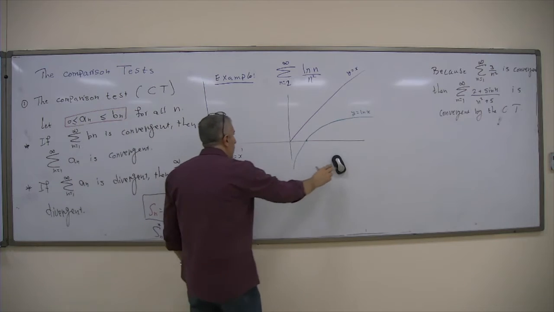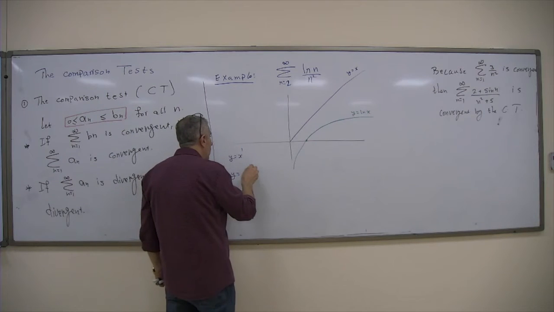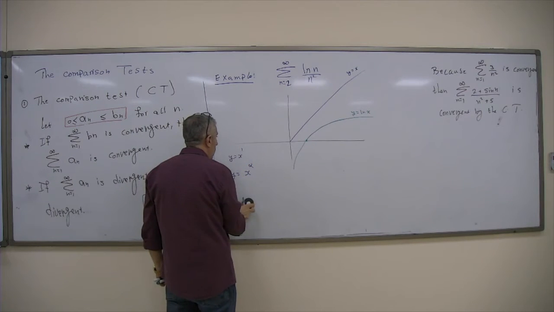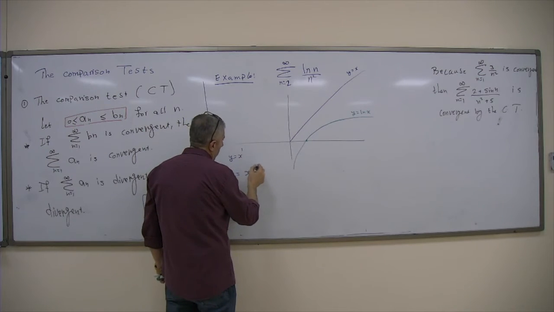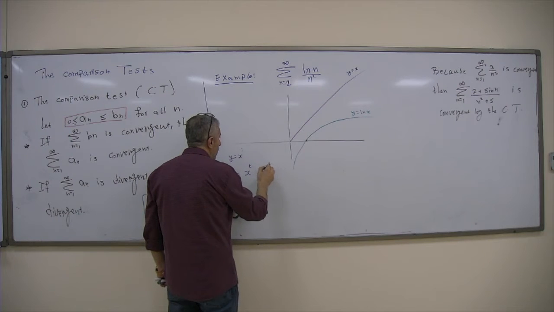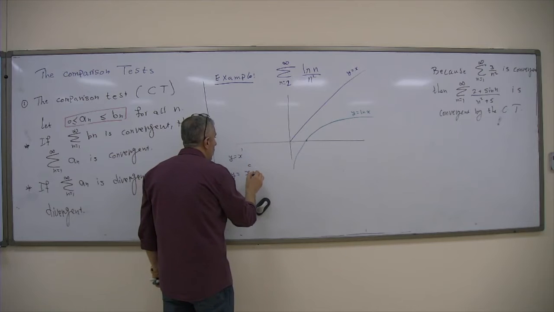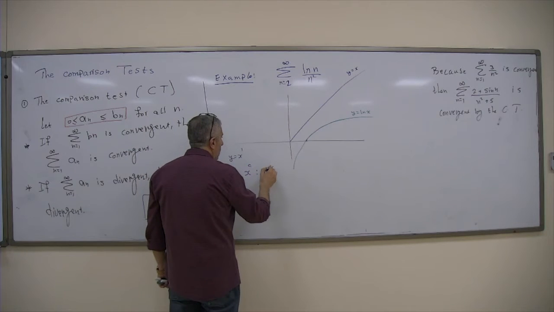Or let me take this alpha, where c is fixed, or you are used to c. Let me put c here, such that c is between 0 and 1.